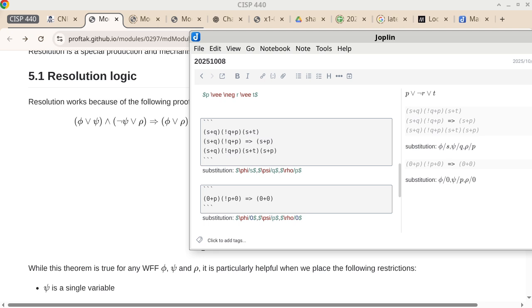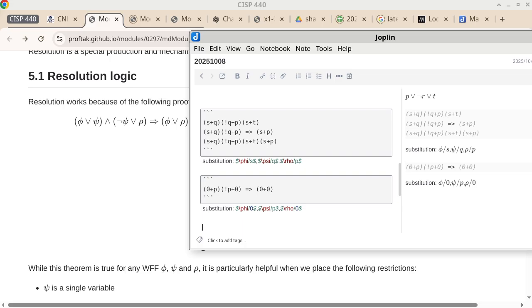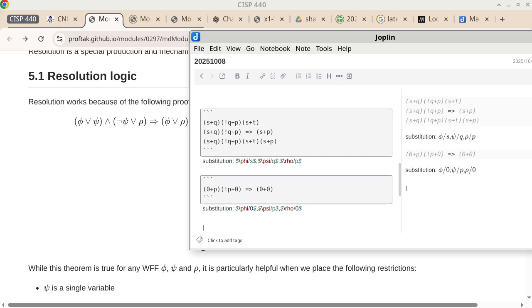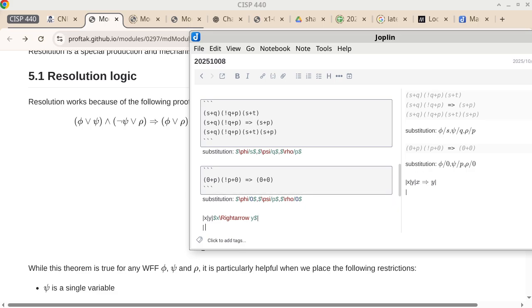This time I'm going to use a truth table to work on this. What we are really saying is we have x, we have y, and then we have x implies y. X implies, which is the right arrow, and we have the y over here, and then we turn it into a table.